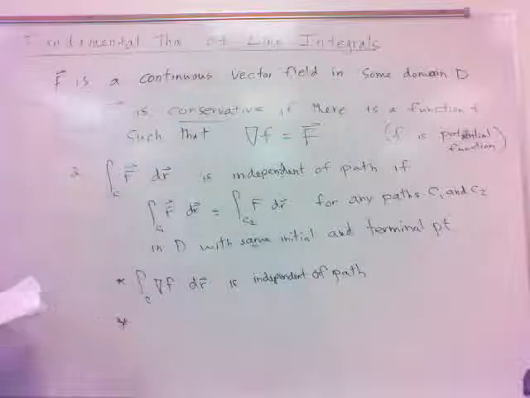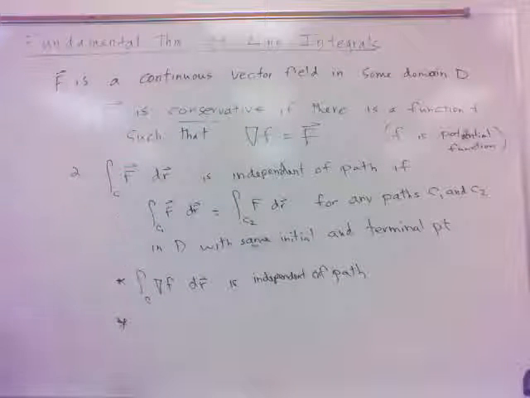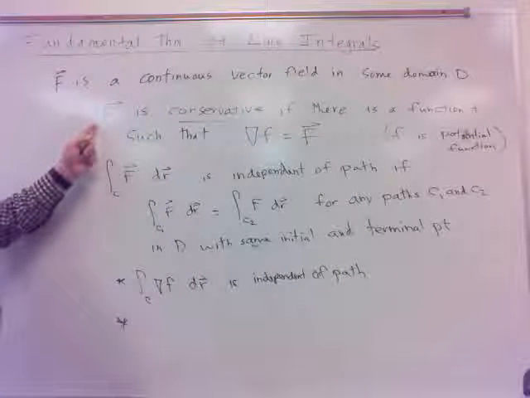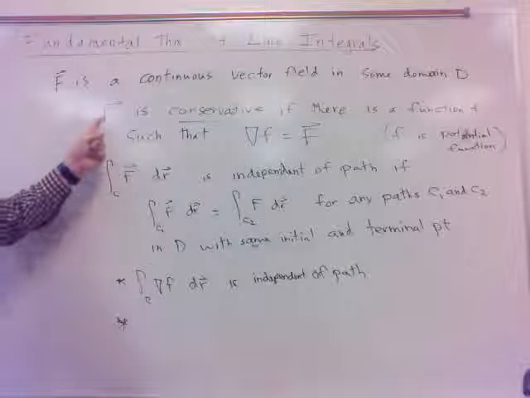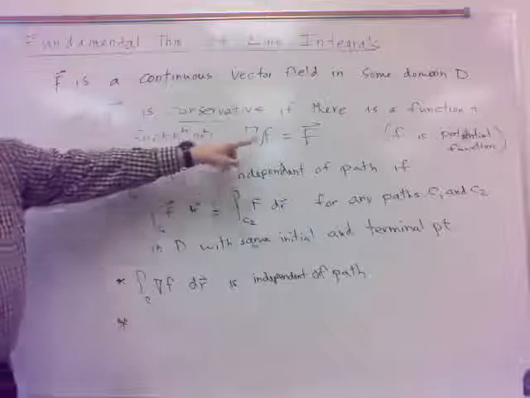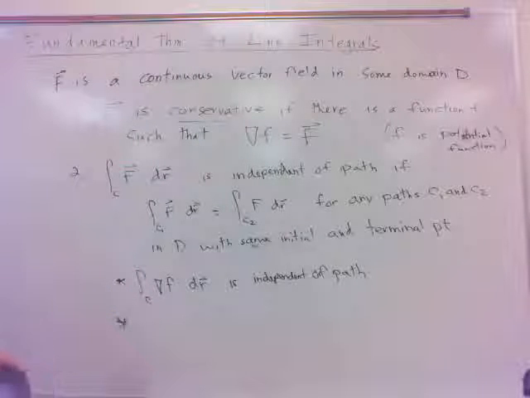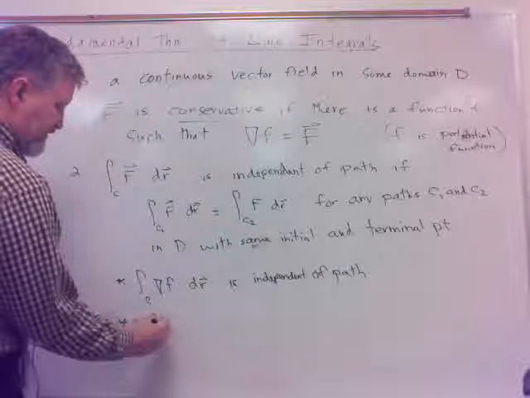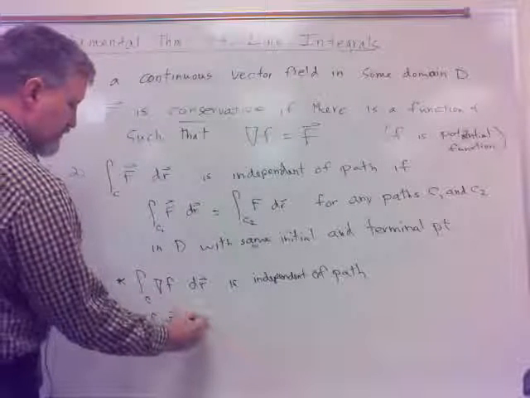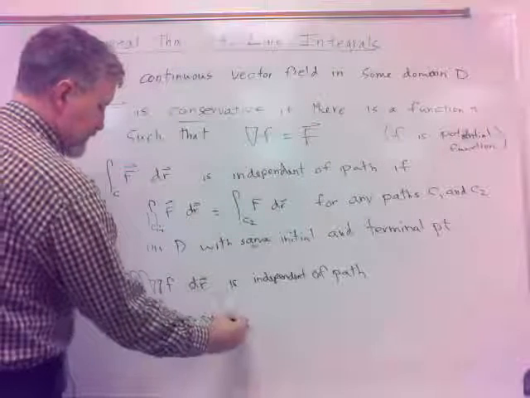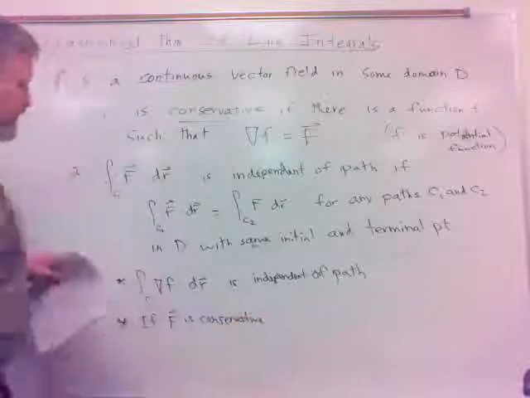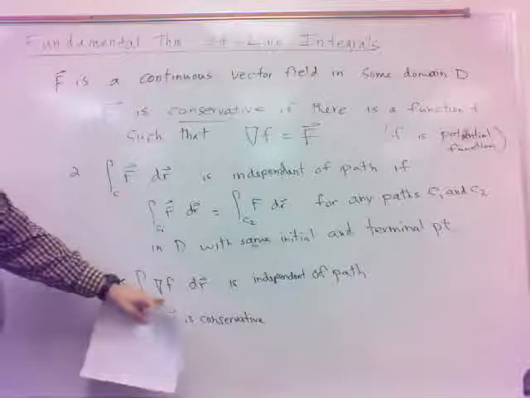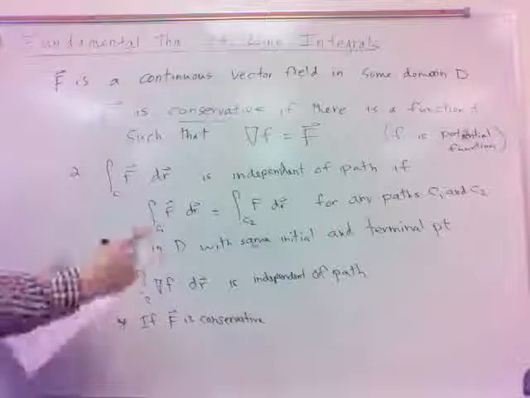Also note that since by number 1, if F is conservative, then the gradient of f equals our vector F, and so we can rewrite the line integral of F dot dr as the line integral of the gradient of f dot dr, and so we know that's independent of path.